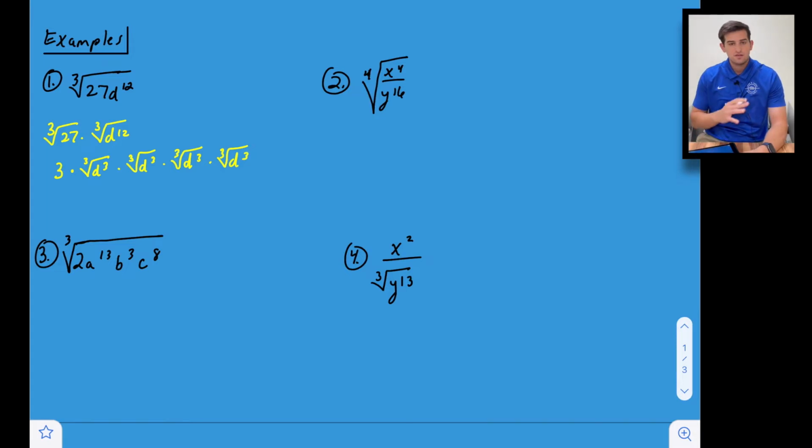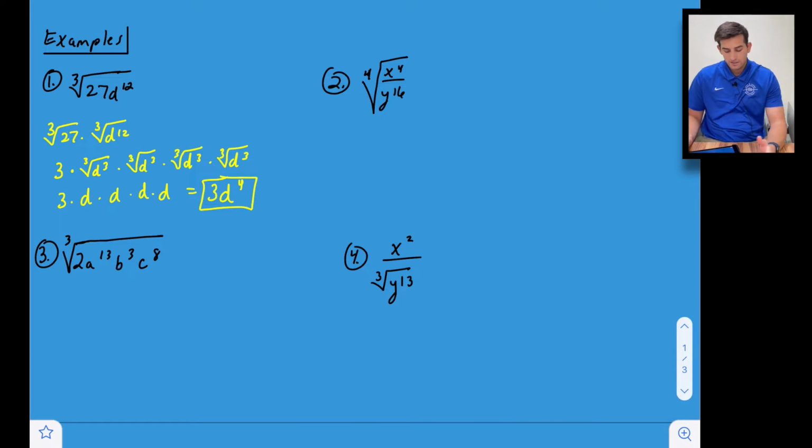So now we have 4 factors of cube root of d cubed, because 4 of those d cubed would be d to the 12th, okay? Now all 4 of these factors are going to just give me the variable d because they all cancel out, since my index is the same as the power of my variable. So this is going to be 3 times d times d times d times d, which would just equal 3d to the 4th power, okay?